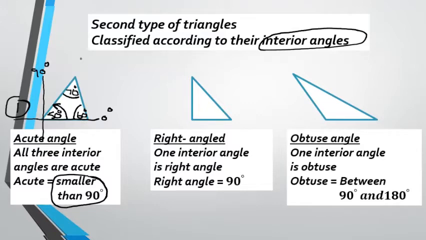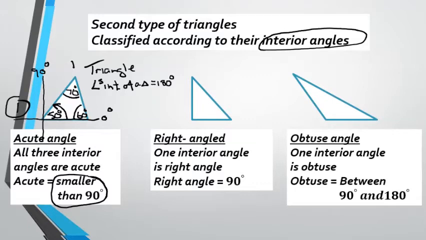Because remember, one of the properties of a triangle is, and now look carefully, that the sum of the interior angles of a triangle equals 180 degrees.